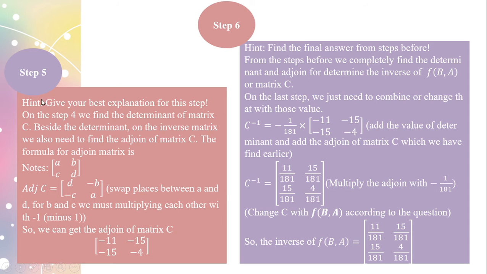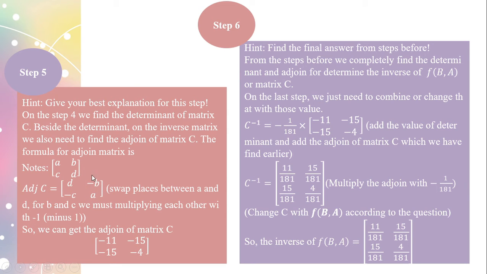For step 5, in step 4, we found the determinant of matrix C. Besides the determinant, for the inverse matrix, we also need to find the adjoint of matrix C. The formula for the adjoint matrix is: adjoint matrix C is equal to, we need to swap A and D. So D on the first row and first column, and A on the second row and second column.